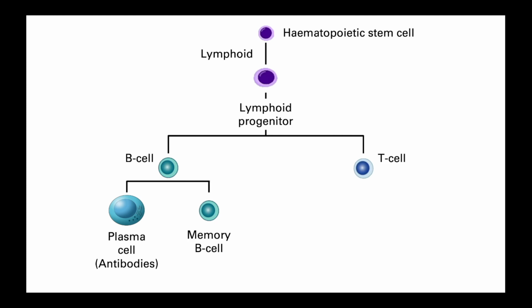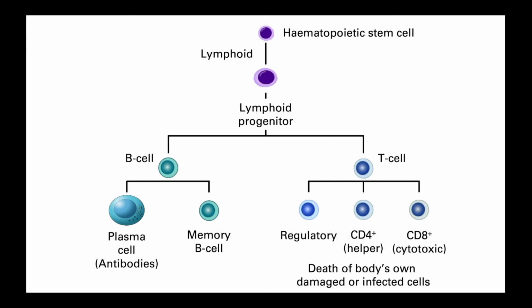T cells can be broadly divided into three main groups: CD4 positive helper T cells, CD8 positive cytotoxic T cells, and regulatory T cells, which play a role in controlling or regulating the immune response to ensure it is appropriate. As with B lymphocytes, the T cells are also capable of forming memory cells after being activated by their cognate peptide. And this population of memory T cells can respond far more effectively upon secondary exposure to a pathogen.